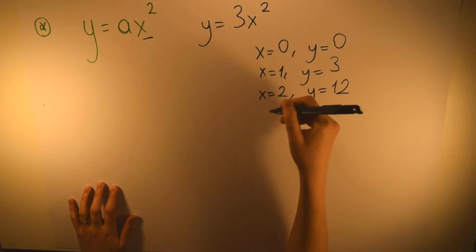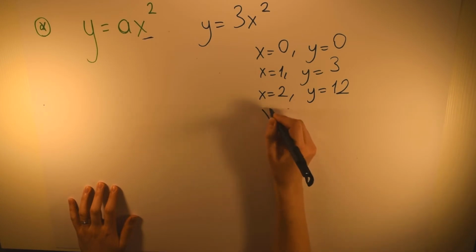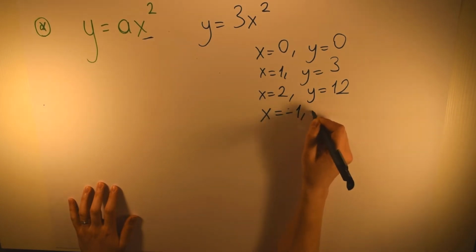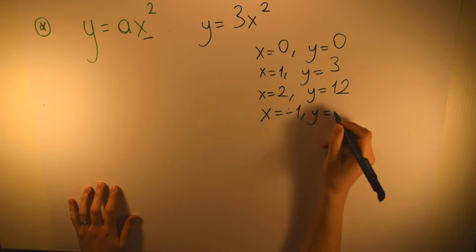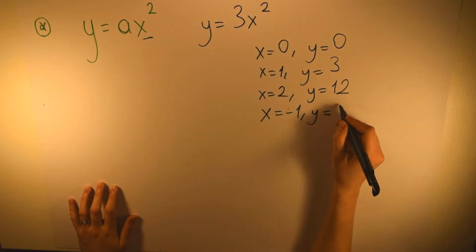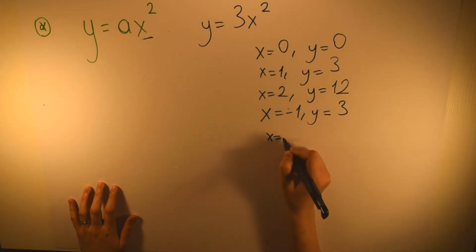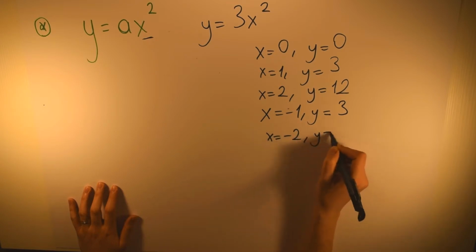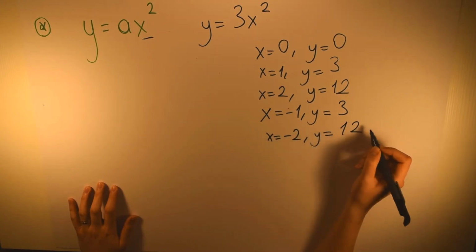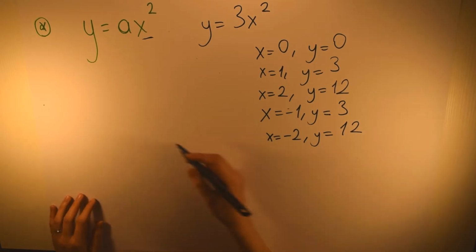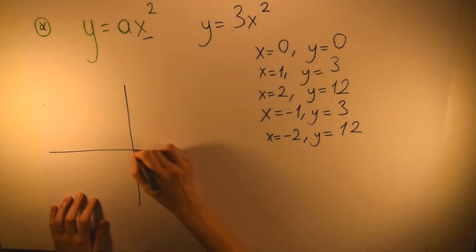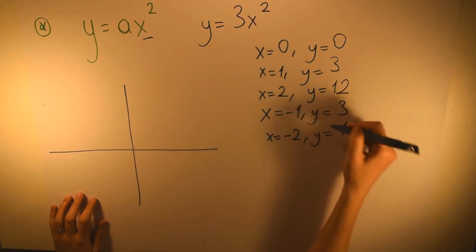So you write all these values. For example, when x is equal to minus 1, y is equal to 3. When x is equal to minus 2, y is equal to 12. So you just write these values and then you just draw your graph following these.